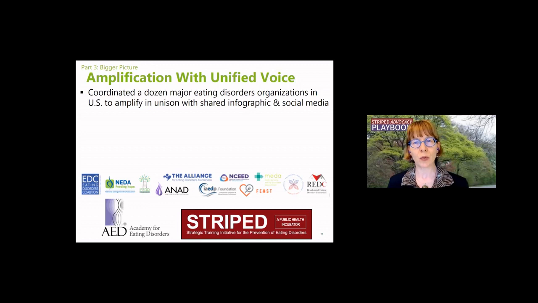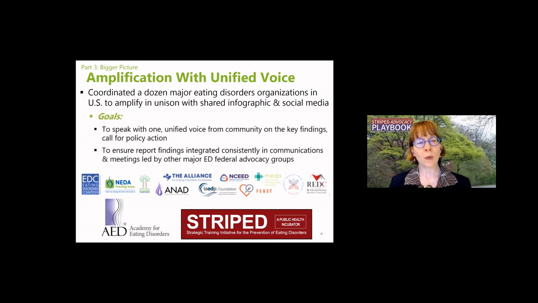They all got on board with this unified voice because they all saw the value of the most comprehensive economic study for the US. We were able to do this with the key findings, and I'll show you a screenshot of the infographic in a moment. This is to ensure that report findings would be integrated into their own communications, because we gave them the tools to do that with all the federal advocacy or state level advocacy that they do.